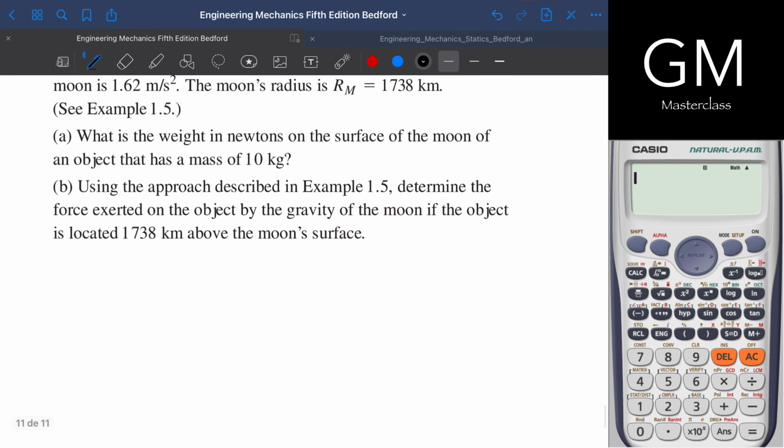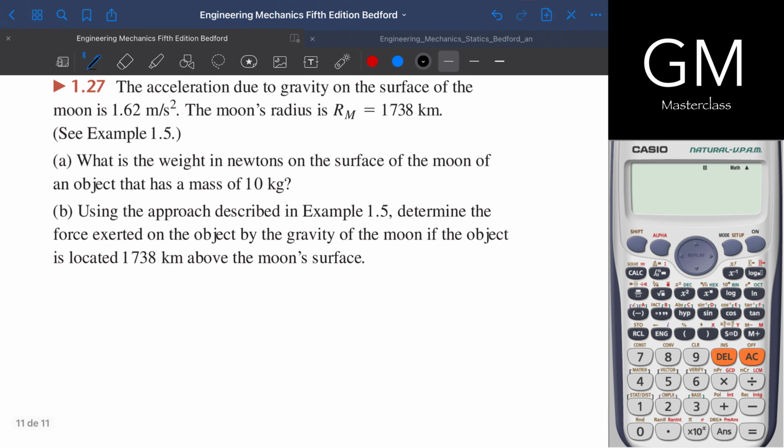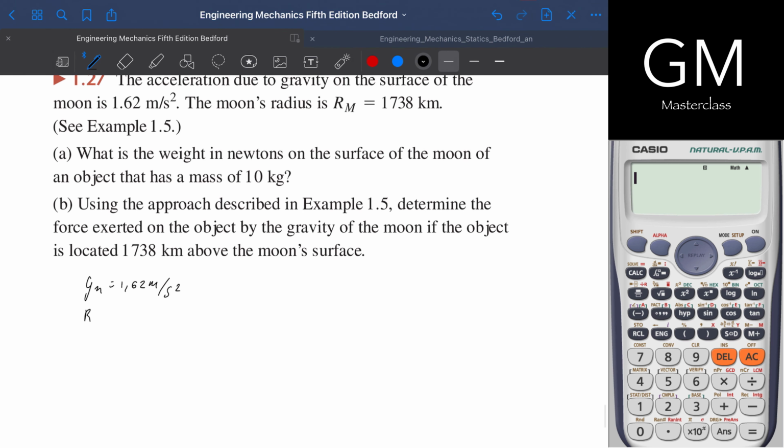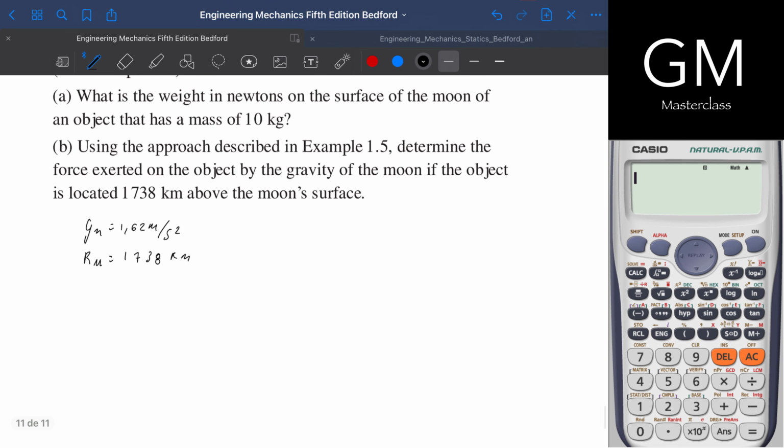Alright, now, I have here that the acceleration due to gravity on the moon is equal to 1.62 meters per square second. The moon radius, which is Rm, is equal to 1,738 kilometers. And you're asking me first for the weight when the object has a mass of 10 kilograms.